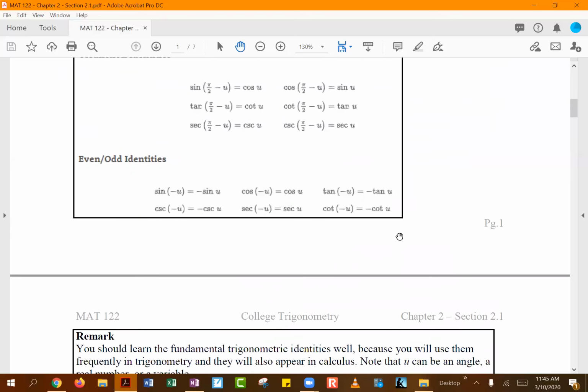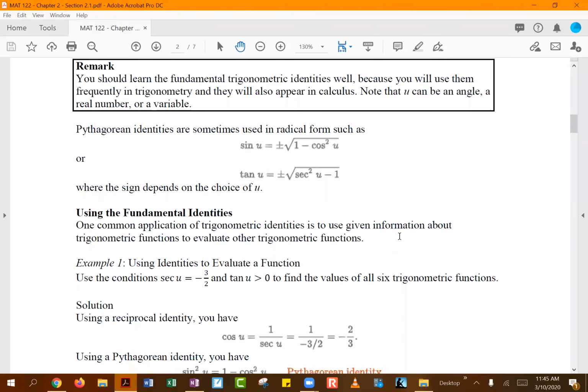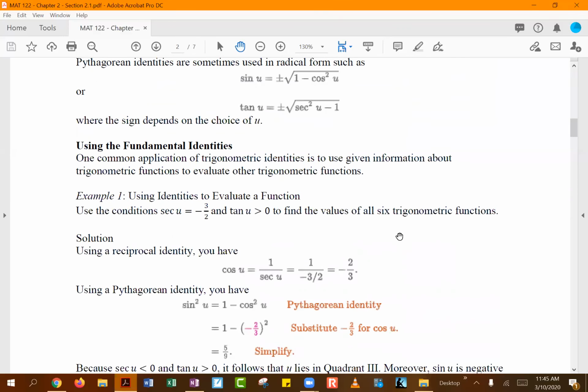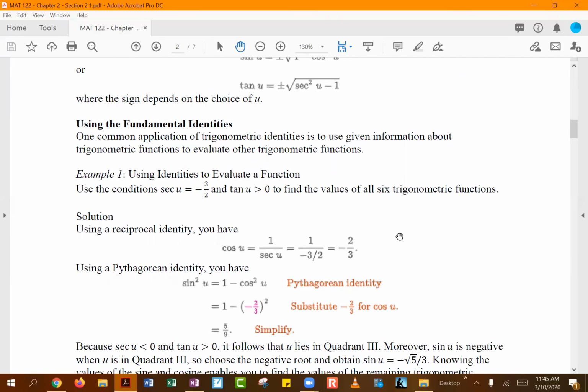So that's kind of what they're talking about here, is maybe sometimes we may have to do the radical form, and then the positive or negative value will depend on what quadrant your angle u is falling into, right? So again, that would say, do we need our angle to be a positive number or a negative number?